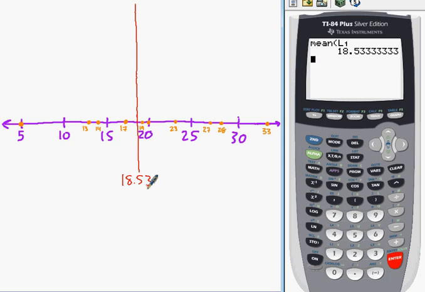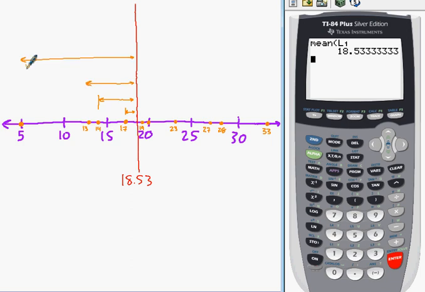So when we start talking about variation and measures of variation, what we are going to try to measure is, well, how far away, on average, are all the data points? So what we can do is say, well, how far away is that one? And then how far away is that one? And you can see where this is going to go.